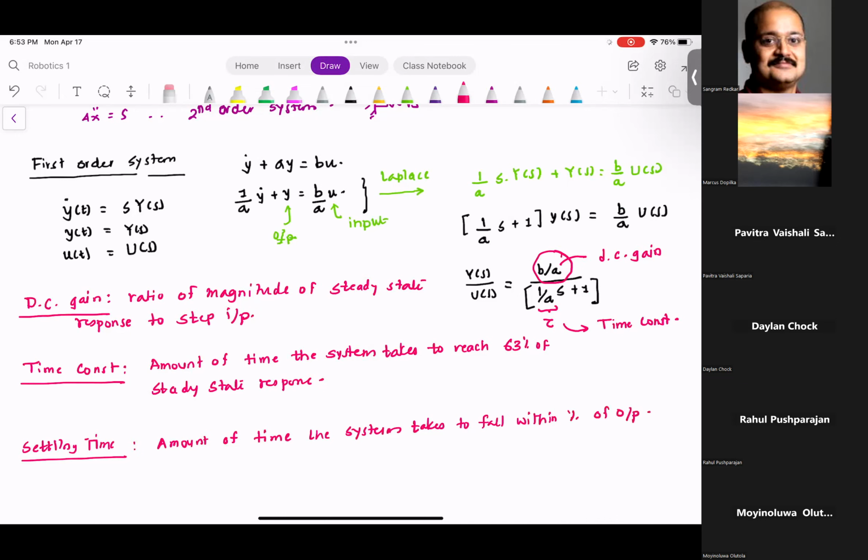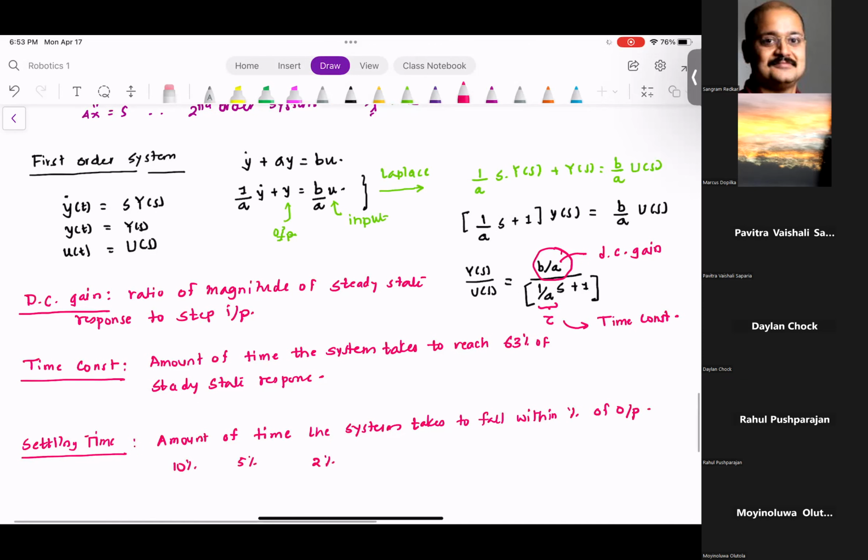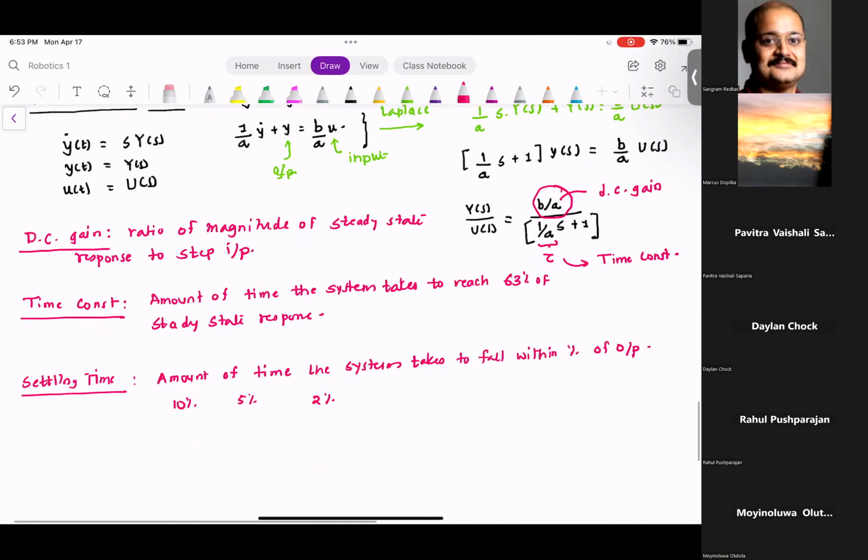So for an example, you can think about a 10% settling time, 5% settling time, 2% settling time. Depending upon what characteristics you are trying to study, there could be 10% settling time, 5% settling time, or 2% settling time. There is another concept called the rise time.